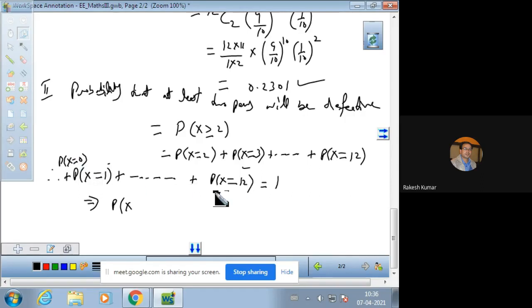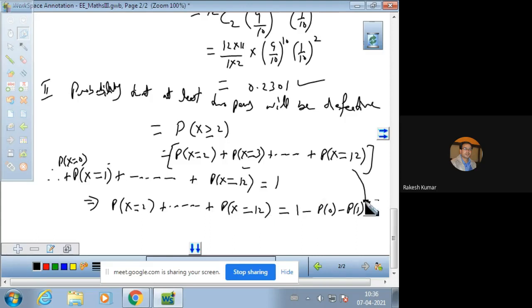So sum of all the probabilities is 1, but we require this value x equal to 2 से लेकर के x equal to 12 तक. So you can easily find out the value x equal to 2 plus so on x equal to 12, that will be 1 minus p of 0. This value will be subtracted from the other side, and similarly probability of 1 pen will be defective.